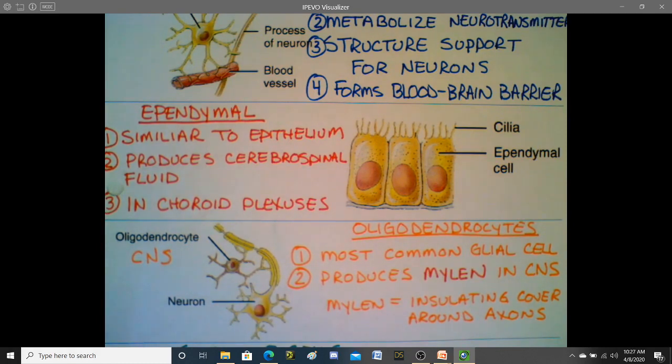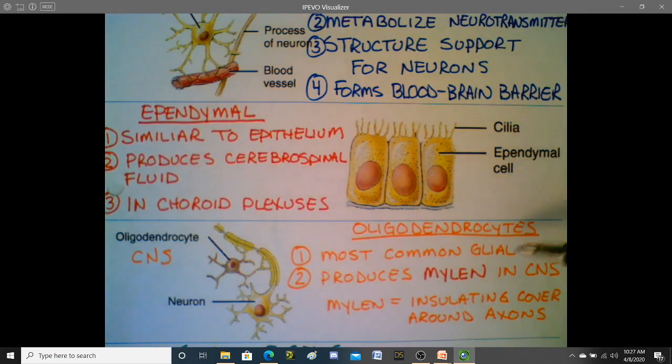They act as an insulator to make those axons more efficient and to prevent things from shorting out. We don't want action potentials moving where we don't want them. We want them moving down the axon, down through the neuron. And the myelin sheath acts as an insulator to help this occur.